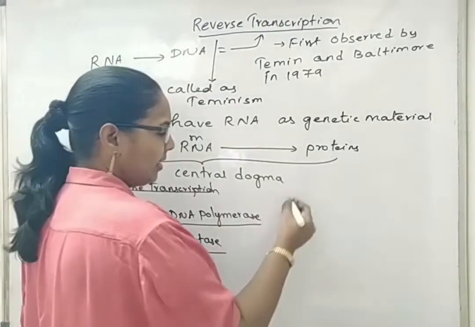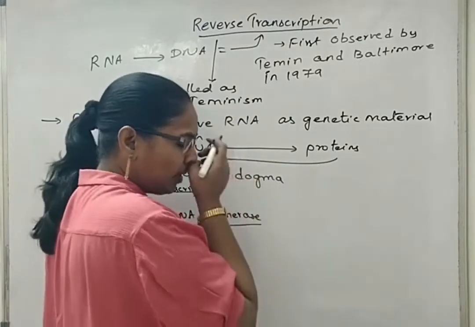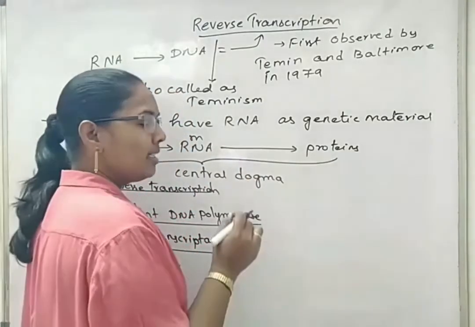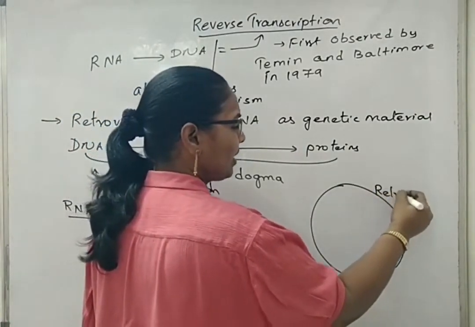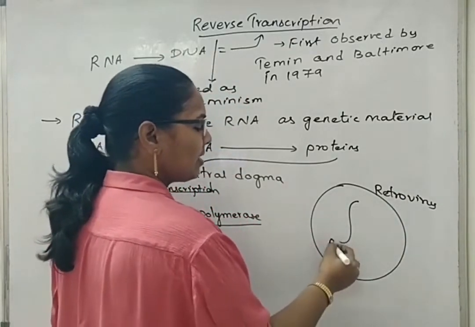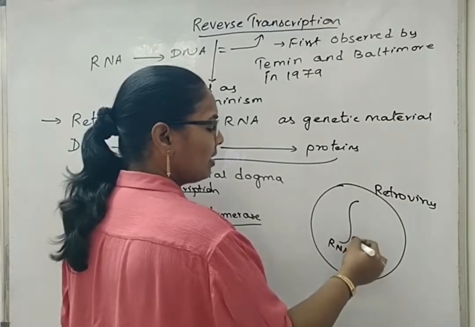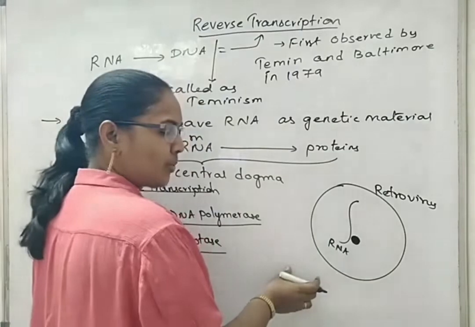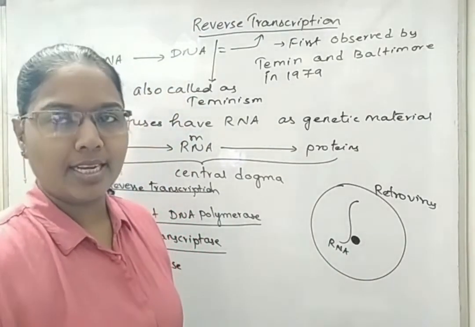Now, when an RNA exists inside the retroviruses, it has the assistance of another special enzyme, that is reverse transcriptase. Suppose this is a retrovirus: it has genetic material as RNA and it also has another enzyme very near to it. Both are always transported into the host organism and carry out the process called reverse transcription.